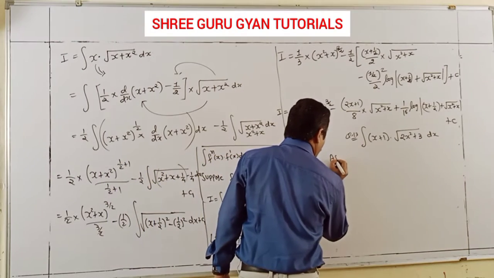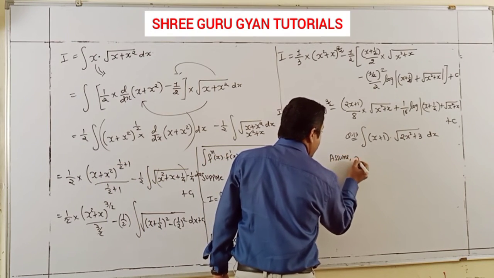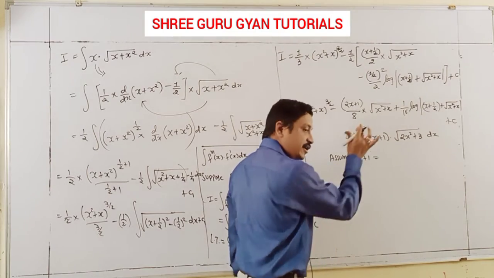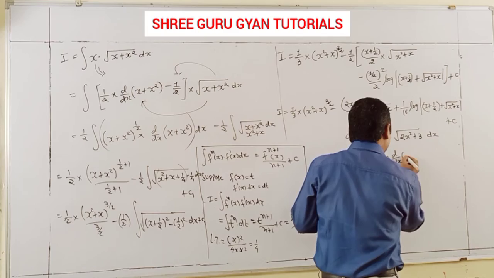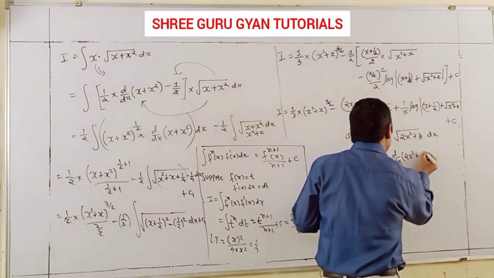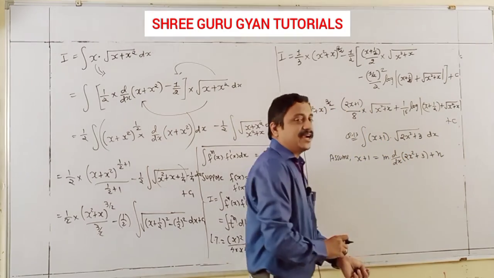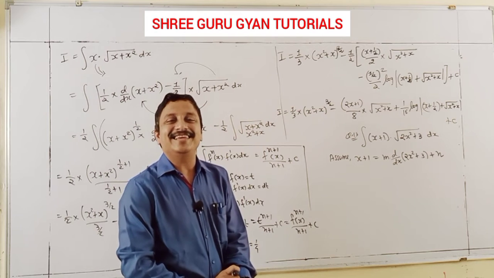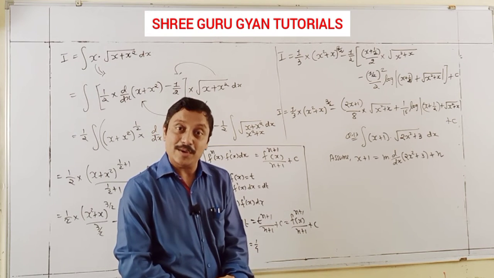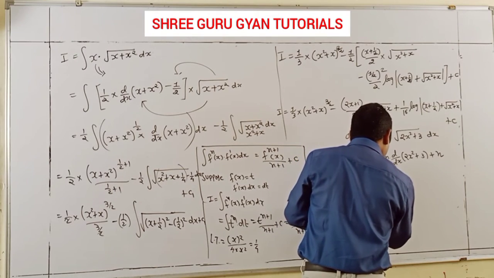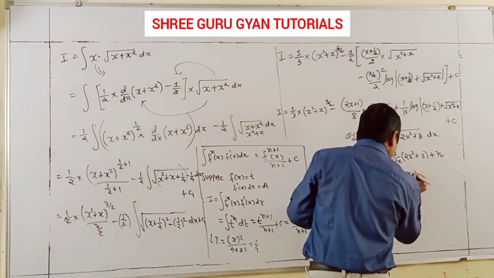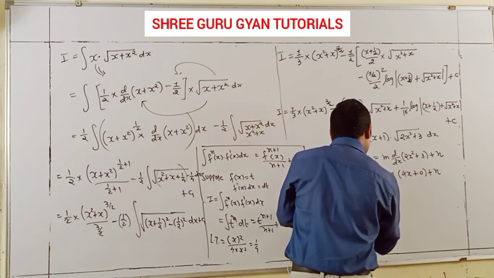Assume x plus 1 is equal to m d dx of the term plus n, and decide, students, very easily your m and n value by the derivative. So x plus 1, it is 4x plus 0.